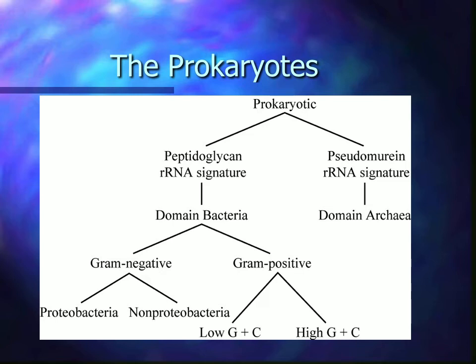Some bacteria have an extra cell membrane around the cell wall, and these are called gram-negative. This membrane contains a material called lipopolysaccharide, or LPS, which helps identify them. And then, because there are so many species, we identify them into Proteobacteria and non-Proteobacteria, and then gram-positive.